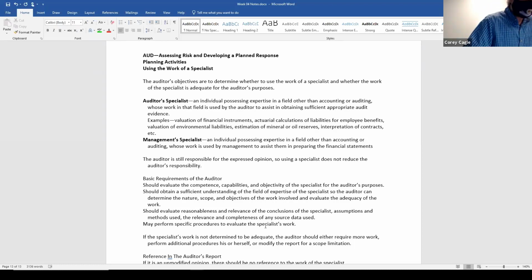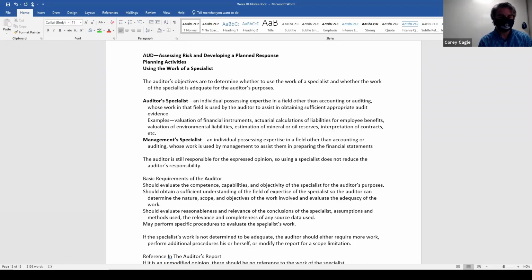But then less drastic things such as interpreting contracts. Like, okay, this is heavy legal stuff. Let's get a legal guy in here to figure that out for us. Actuarial stuff, valuation things. So that's what we're talking about. So we need someone, and the definition of a specialist is some expertise in a field other than accounting or auditing.